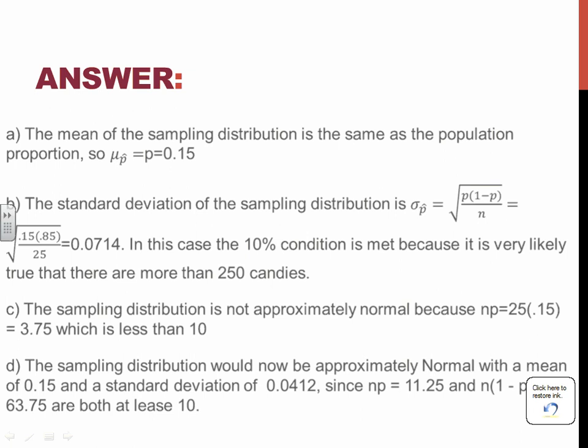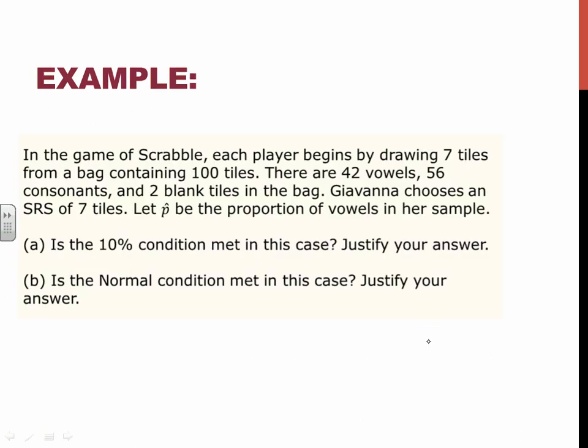Okay, here's another example. In the game of Scrabble, who doesn't love Scrabble? Each player begins by drawing 7 tiles from a bag containing 100 tiles. There are 42 vowels, 56 consonants, and 2 blank tiles in the bag, which we all want. Giovanna chooses a simple random sample of 7 tiles. Let p hat be the proportion of vowels in her sample.